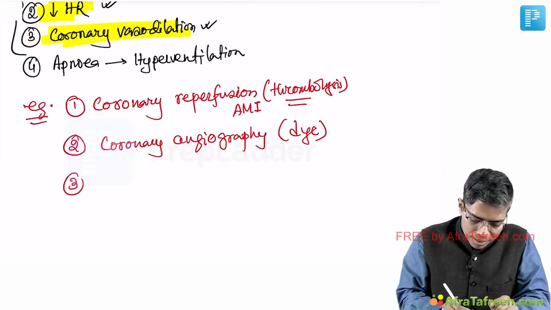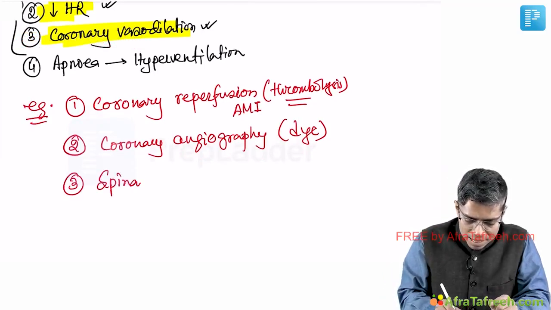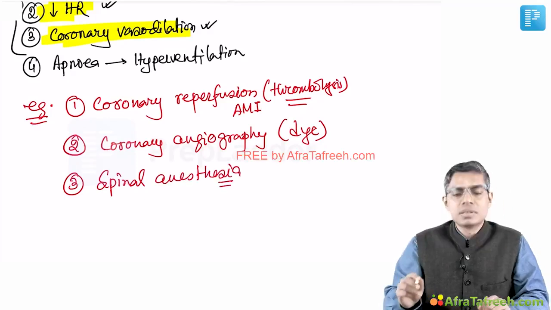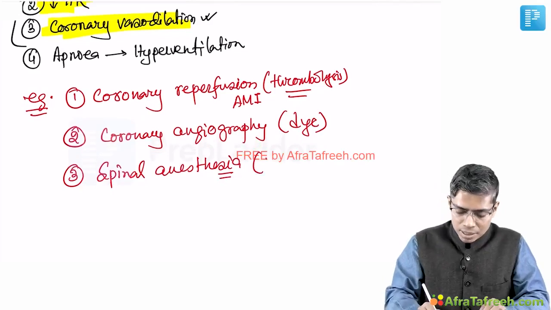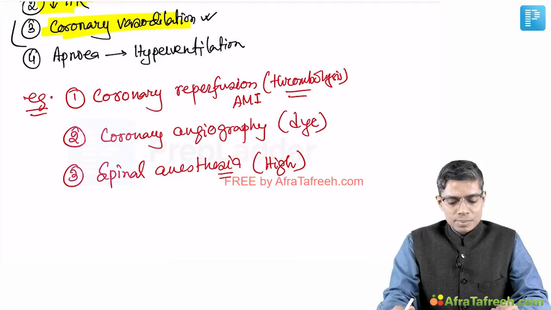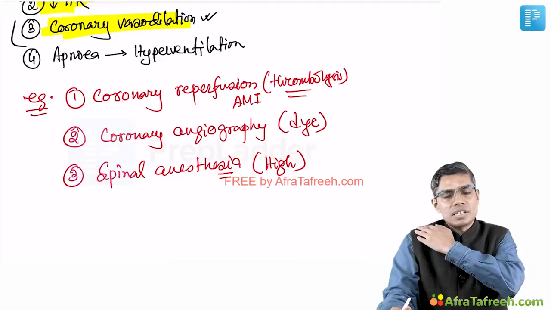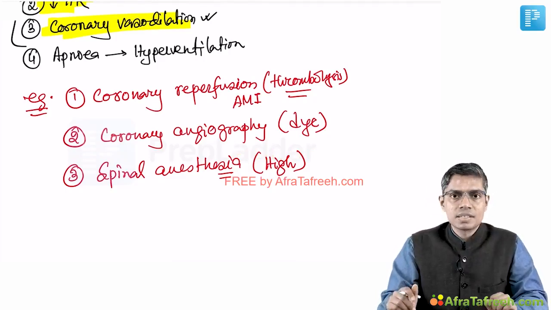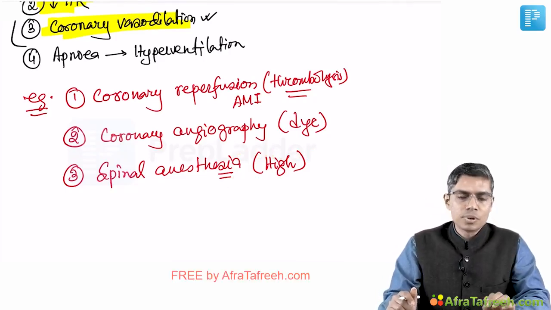Number 3, sometimes in spinal anesthesia also, this reflex can be activated, particularly in case of high spinal anesthesia. Particularly during shoulder surgery, if the surgery is done in sitting position and I have given a spinal anesthesia which is at a very high level, that can activate this Bezold-Jarisch reflex.